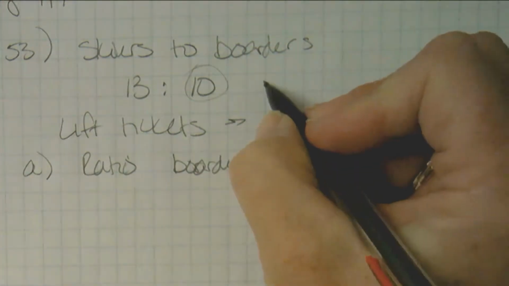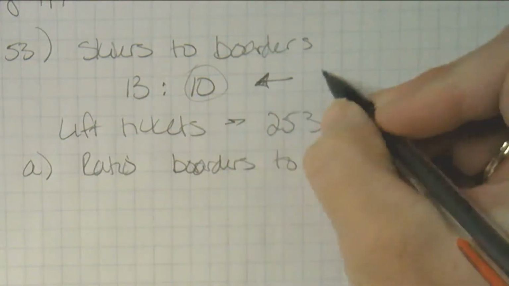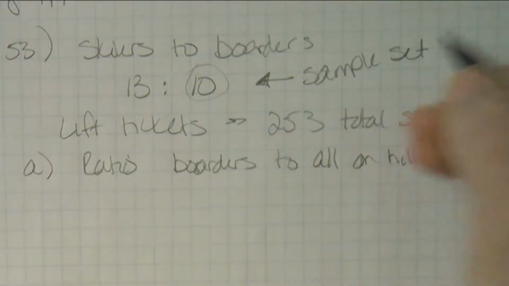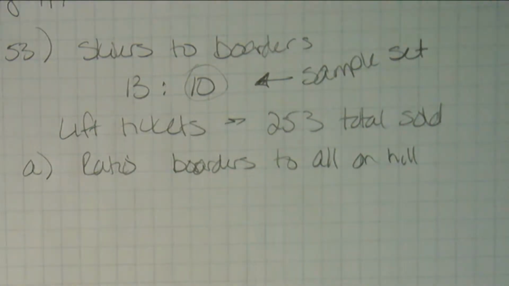Remember, when they give us a ratio, this is like a sample set. Because chances are there were more than 13 skiers and more than 10 boarders on the hill. There could have been 100, there could have been a lot of them, and this is just a simplified ratio. So we have to use this as our sample set.